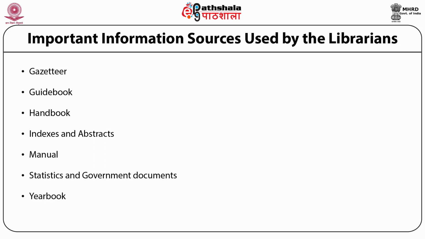For example, Manorama Yearbook. And lastly, we have the internet search engines. In the modern times, internet search engines have become the most popular information source because by just one click, we can find out any information that we require. We have, for example, Google, Yahoo, etc.